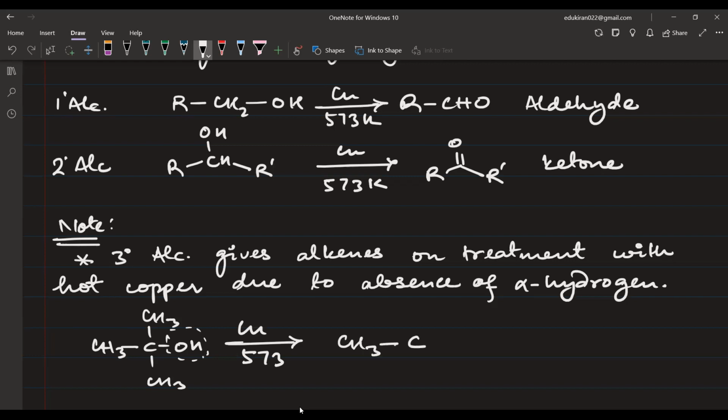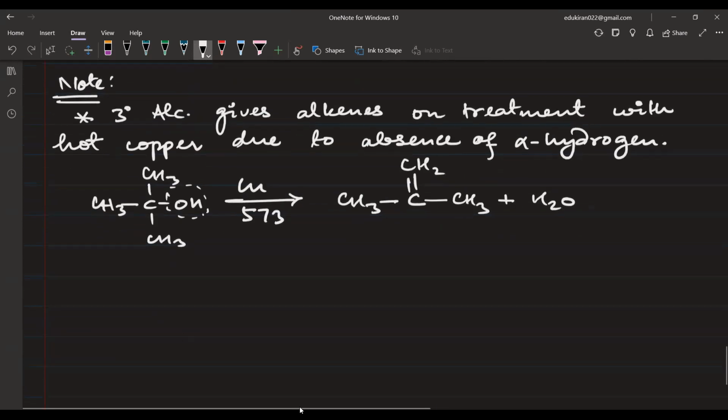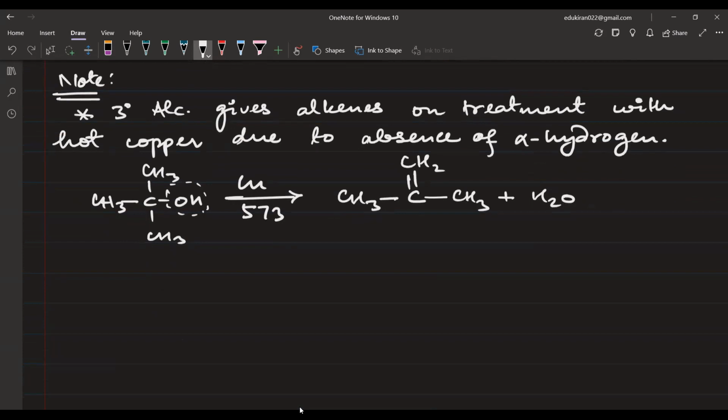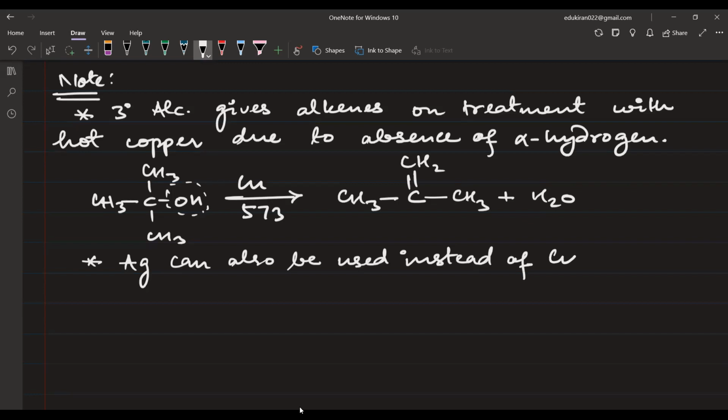From this carbon, you have removed the hydroxyl group OH, and from the adjacent carbon, you have removed one hydrogen. This will be CH2 bonded to CH3 plus water. So we get an alkene when we have 3 degree alcohol. At another point, Ag can also be used instead of copper.